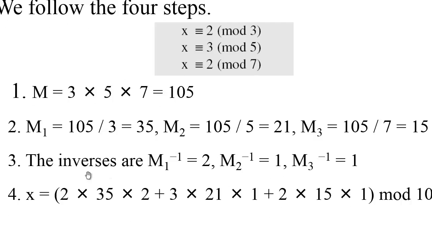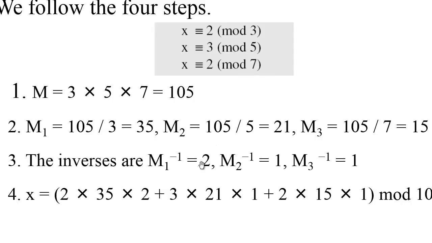And now this step where we are supposed to find the multiplicative inverse, which we have already discussed. What we mean by multiplicative inverse is, when I take this 2 and this 35, the inverse of 35 is 2, which means these 2 values will provide me the identity element. This can be easily solved with the help of mod 3. Suppose I take 2 into 35, I am going to get 70, and 70 mod 3 I will get 1.